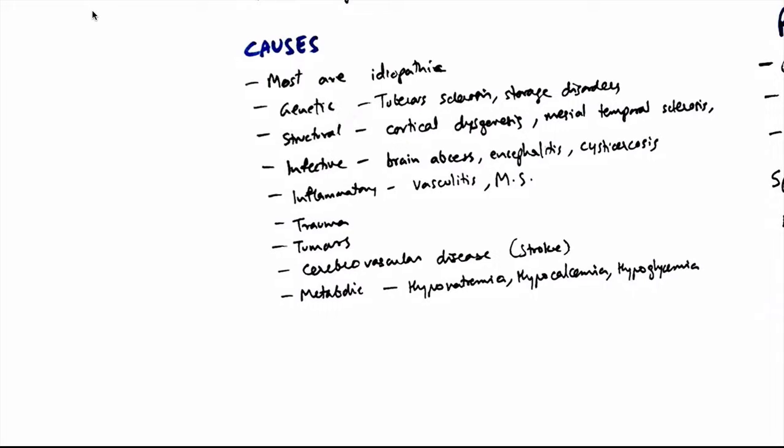They can have infections in the brain like brain abscess, encephalitis, cysticercosis, or inflammatory disorders like vasculitis, multiple sclerosis. Seizures could be a manifestation of trauma or tumors or cerebrovascular disease like stroke. But seizures can also be secondary to metabolic impairments like hyponatremia, hypocalcemia, and hypoglycemia.